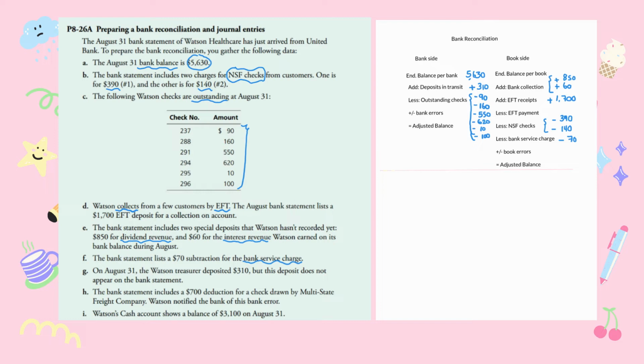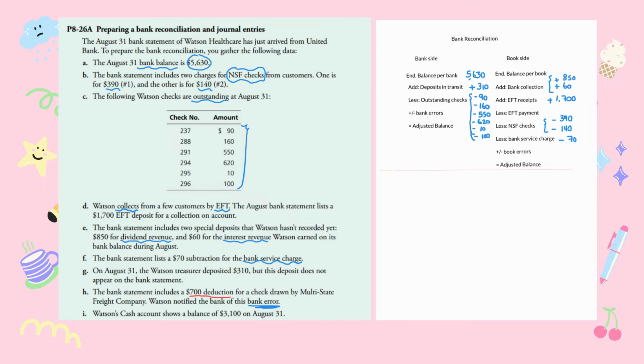The bank statement includes a 700 deduction for a check drawn by Multi-State Freight Company. Watson notified the bank of this bank error. So here we have a bank error. Okay, we have a 700 deduction and it's a bank error.